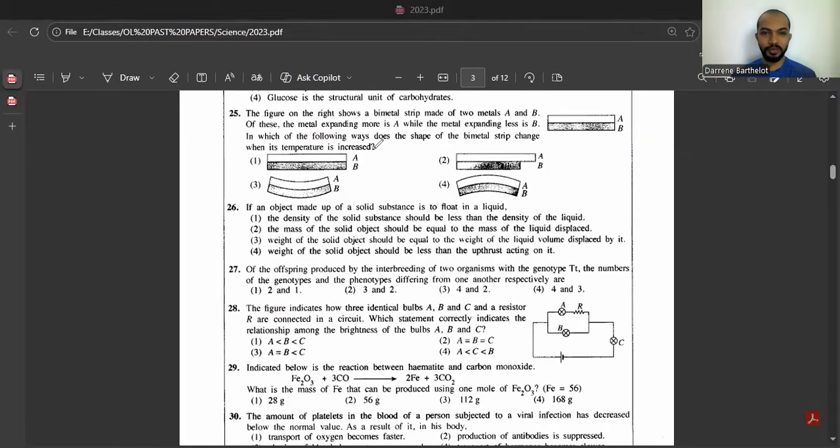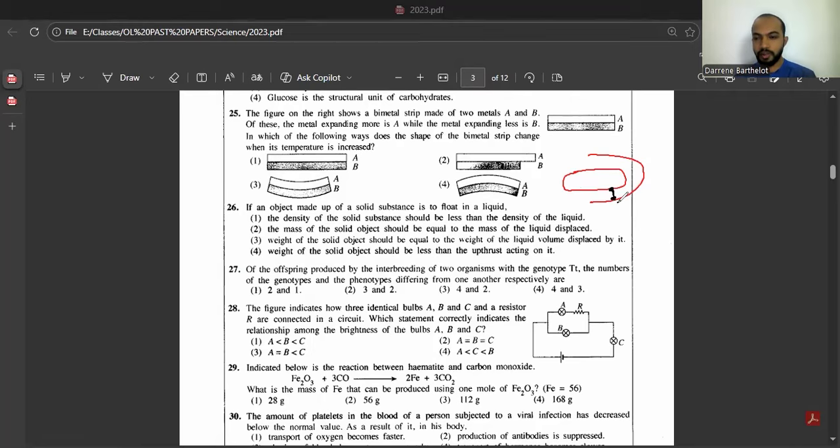Question number 25. The figure on the right shows a bimetal strip made up of two metals A and B. Of these, the metal expanding more is A, while the metal expanding less is B. So they are asking which of the following shapes the strip changes to when temperature is increasing. Think of it like a march past that occurs in a school sport meet, right? If you have been to a march past, let's say there are two children at either side.